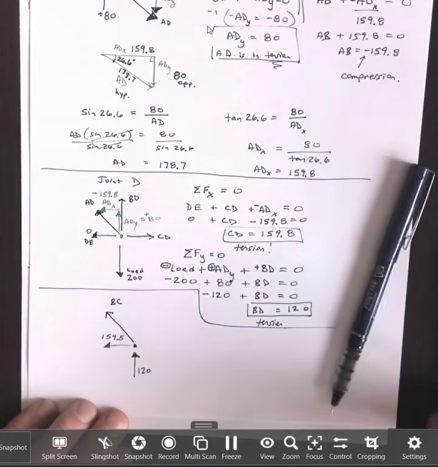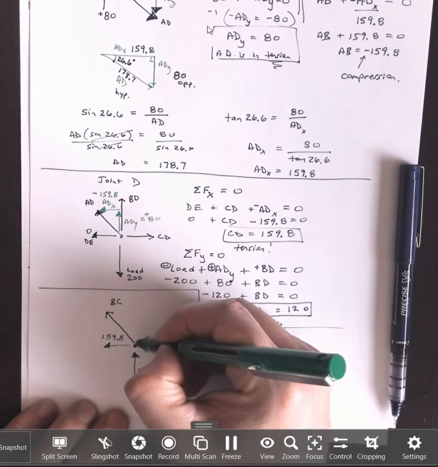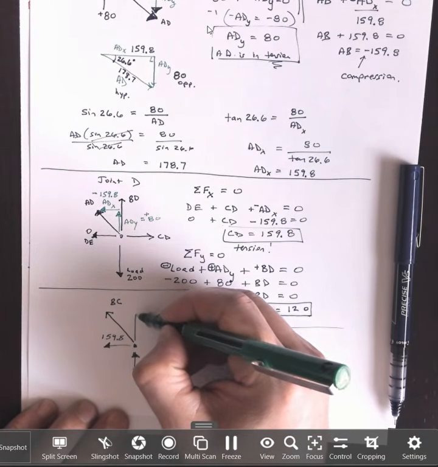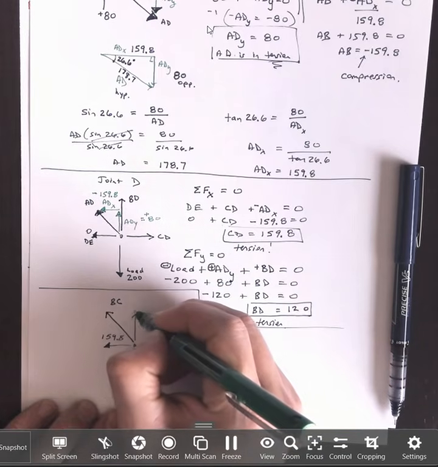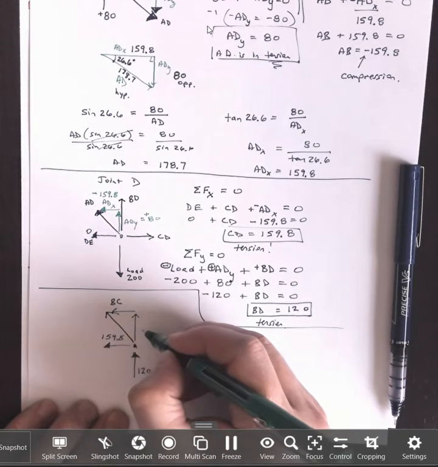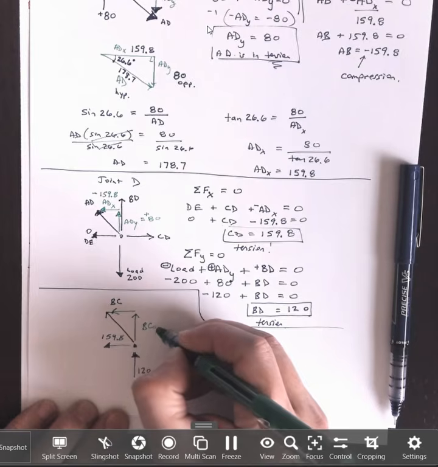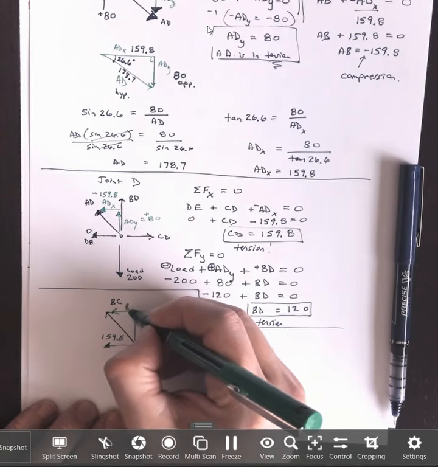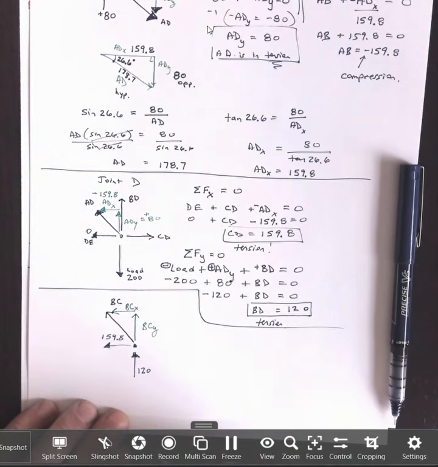Now that's the diagonal, so we're going to have to break it into a vertical and a horizontal component. So I've got BCY and BCX.